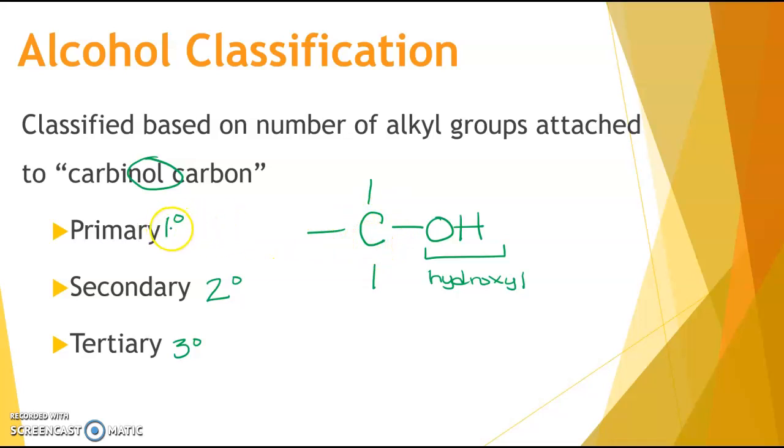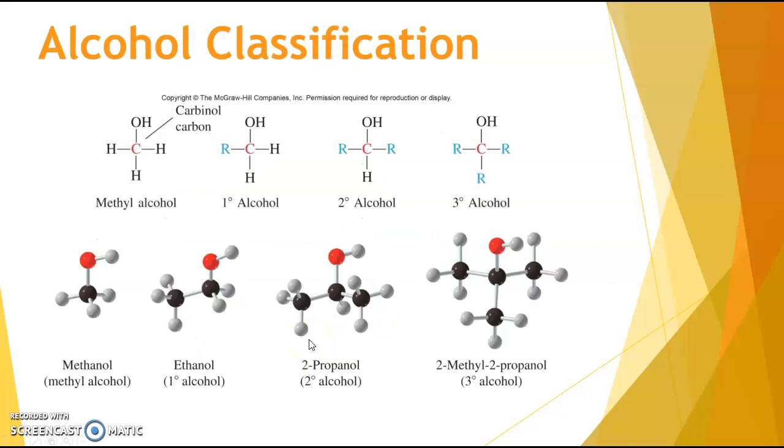Primary means it's one alkyl group. R, which I always think of as the rest of the molecule, means one carbon group, and that would make these hydrogens. Secondary is going to be two alkyl groups instead, and tertiary would be three. So let's take a look at some examples of those.